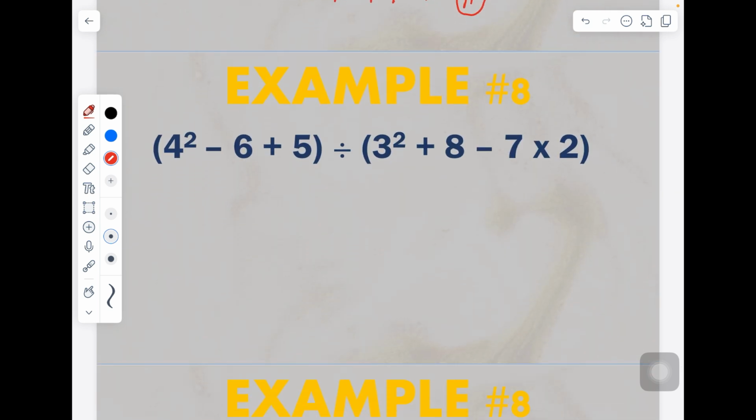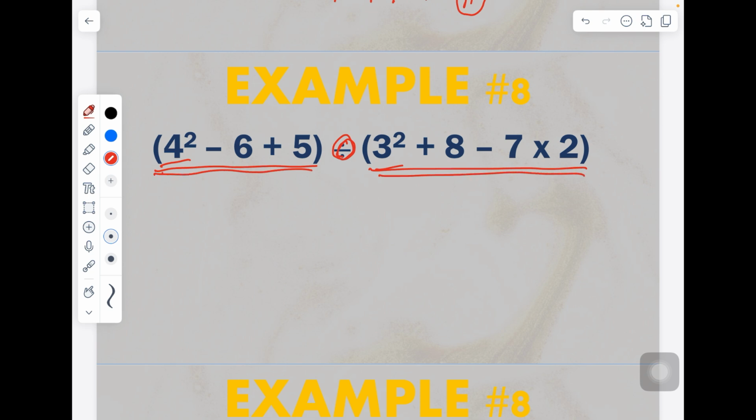So 4 squared minus 6 plus 5, quantity divided by the quantity of 3 squared plus 8 minus 7 times 2. Okay, so parenthesis first, and then exponent. So guys, even though there's a division sign here, treat this as two separate expressions.